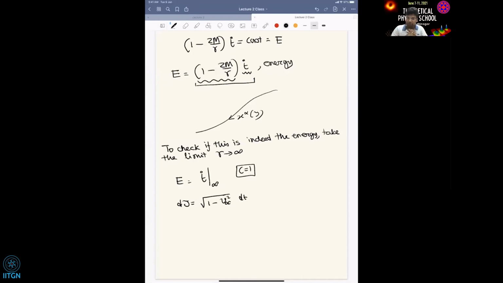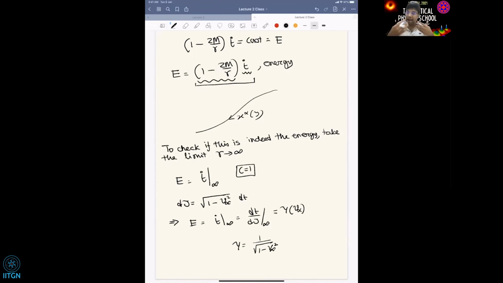Now, what it means is that E is t dot at infinity, which is dt by d tau at infinity, and this is nothing but gamma at v infinity, where gamma equals 1 by square root of 1 minus v infinity square.